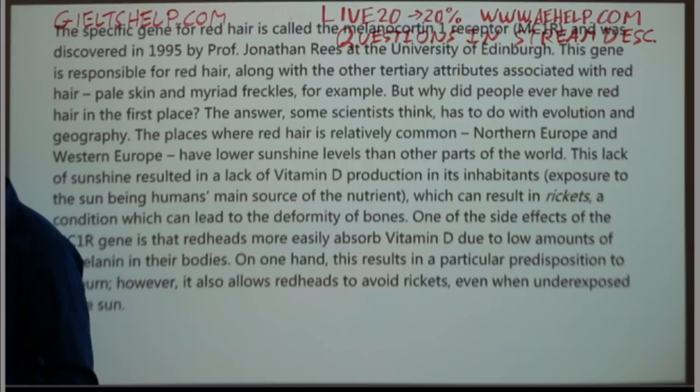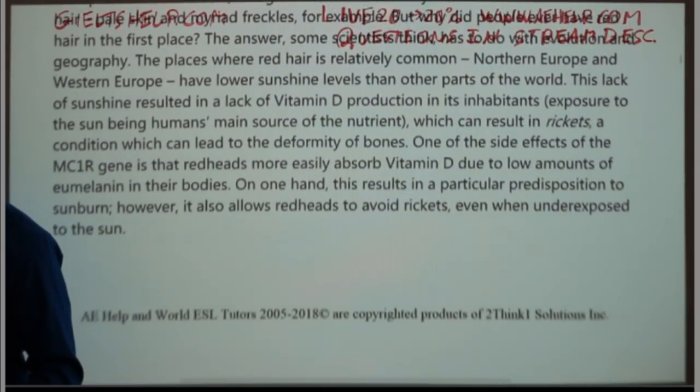The answer, some scientists think, has to do with evolution and geography. The places where red hair is relatively common, Northern Europe and Western Europe, have lower sunshine levels than other parts of the world. This lack of sunshine resulted in a lack of vitamin D production in its inhabitants, exposure to the sun being humans' main source of the nutrient, which can result in rickets, a condition which can lead to the deformity of bones.